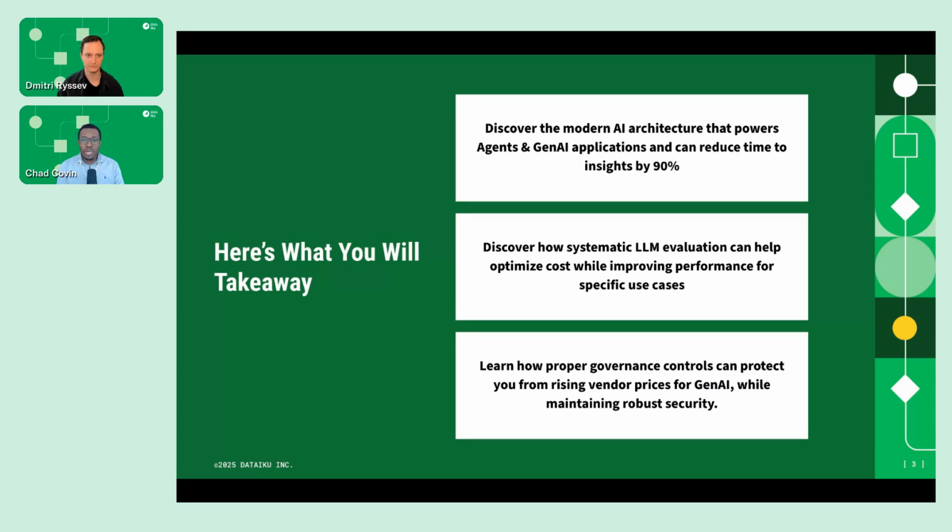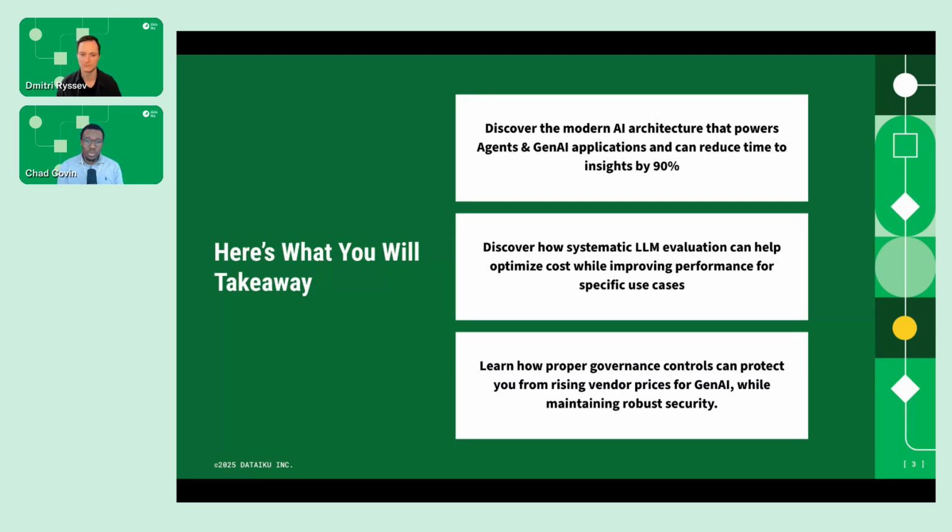Second, we'll demonstrate how systematic evaluation of language models can optimize both performance and cost in a landscape with hundreds of available models. Knowing which one delivers the best results for your specific use case can make the difference between wasted resources and that competitive advantage.